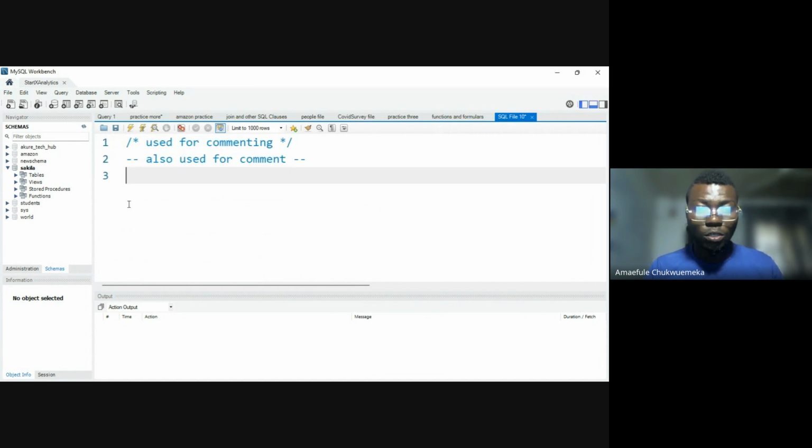Let me zoom in a bit so you can see better what I'll be doing. Okay, I'm sure you can see my screen better now. So let's cook. Now, I'm going to look at some of the databases contained in this RDBMS.